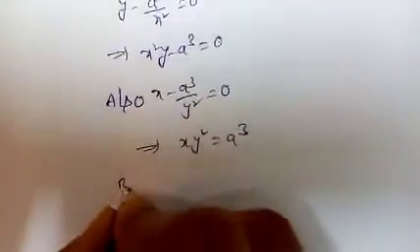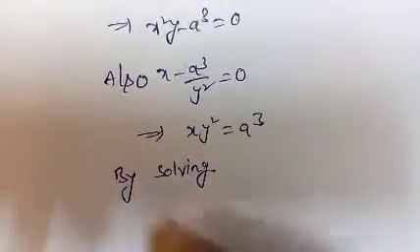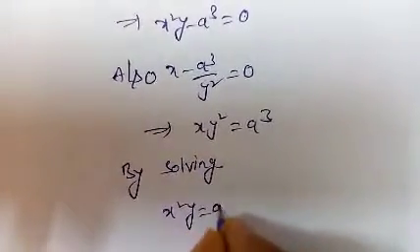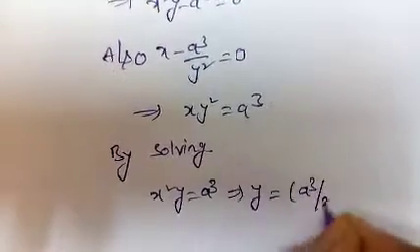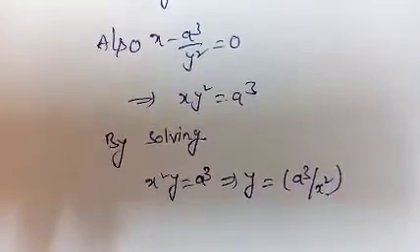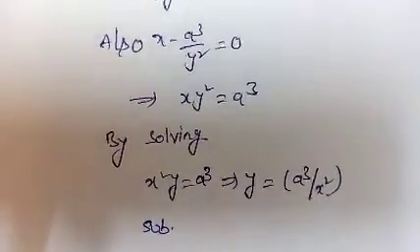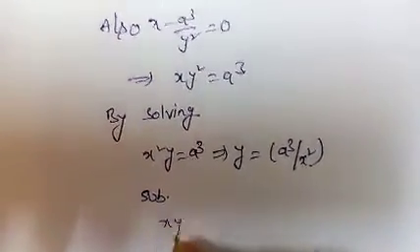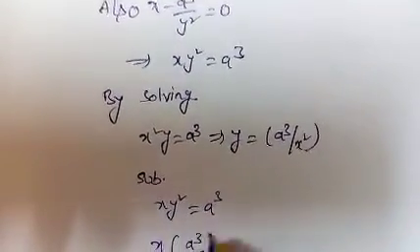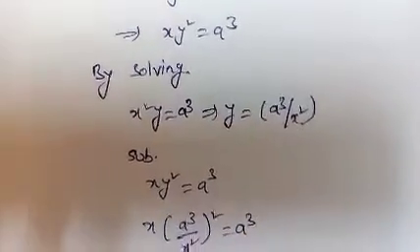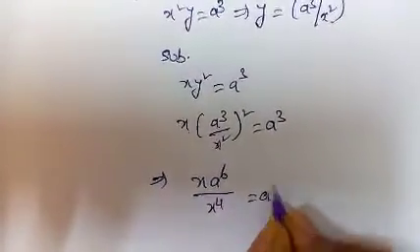So by solving those equations, x square y equal to a cube. So from here y equal to a cube by x square. So now by substituting these values, we get the value of x. xy square equal to a cube, so x into a cube by x square, whole square, equal to a power 6 by x power 4 equal to a cube.